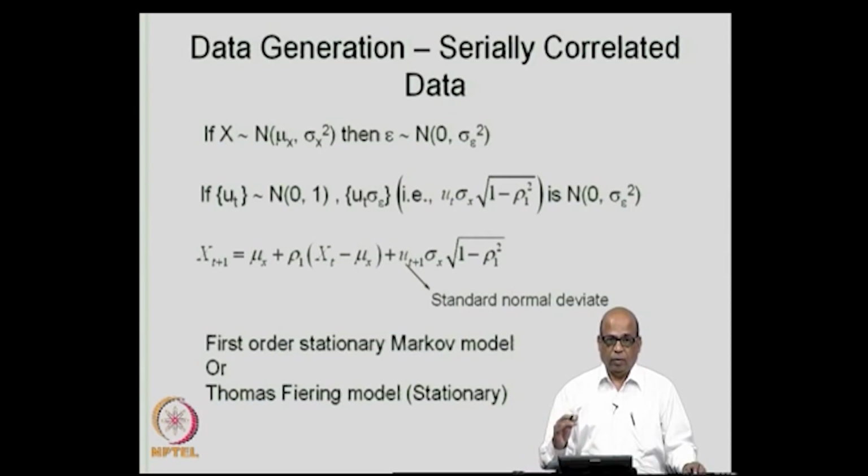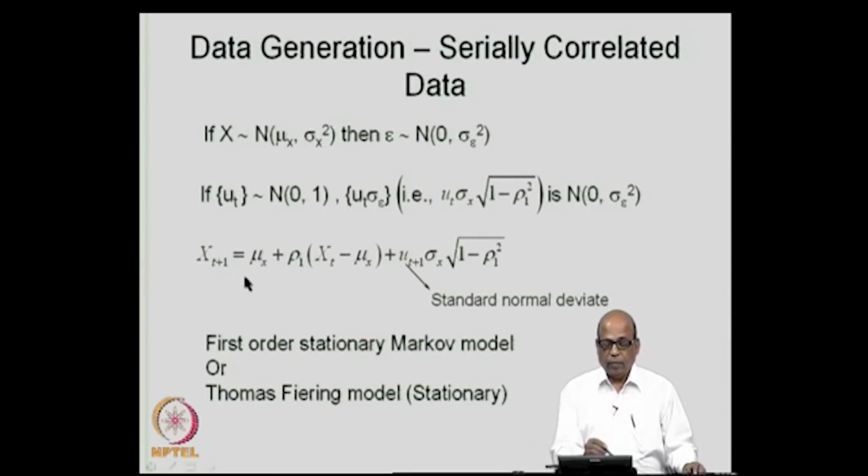For example, to fix the capacity of the reservoir, you would require annual stream flows, and you generate the data using this particular model and use those generated sequences to make decisions on reservoir capacity and so on.